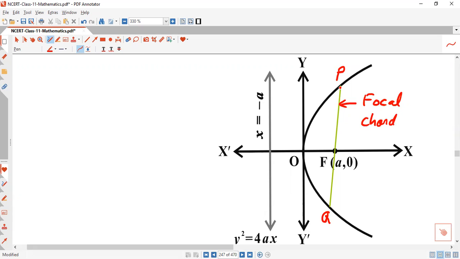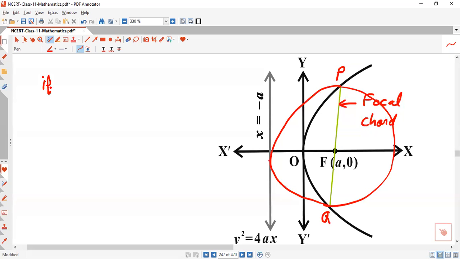I would like to draw a circle taking this focal chord as a diameter. I am not drawing a very good circle, but remember, this circle will always touch the directrix.